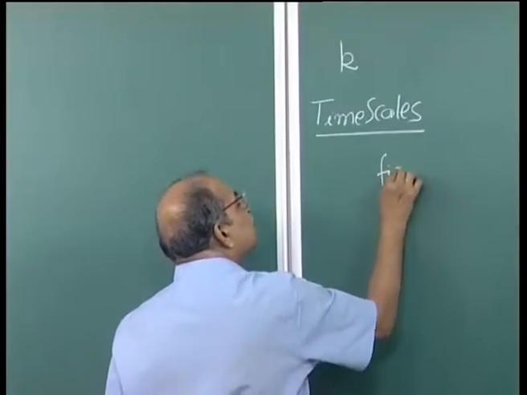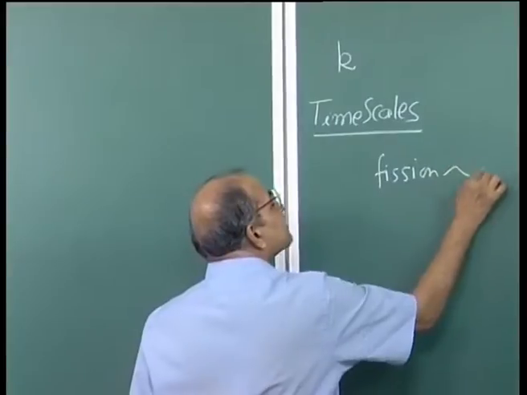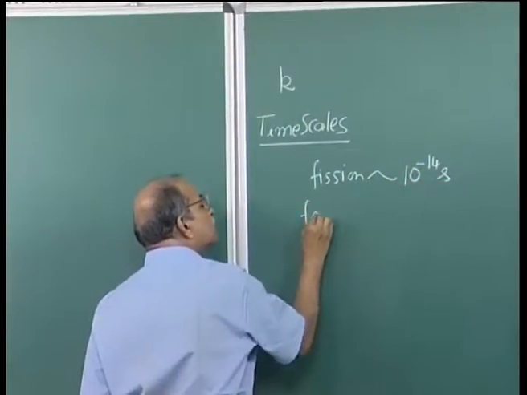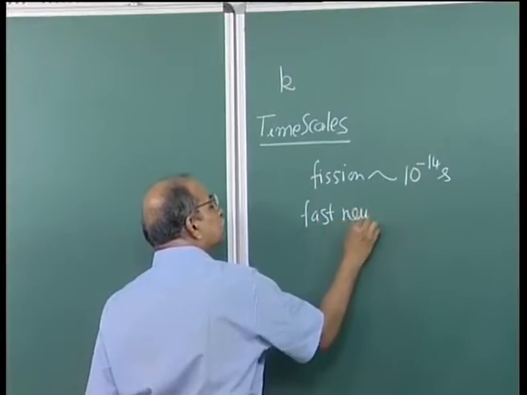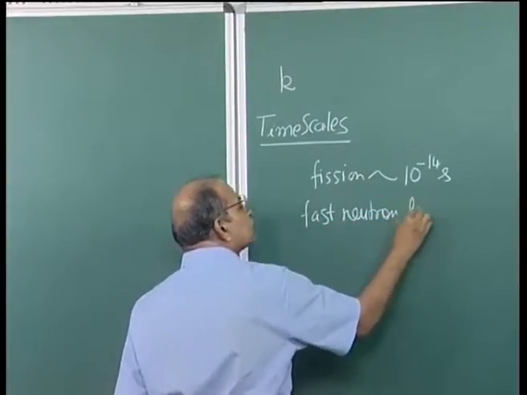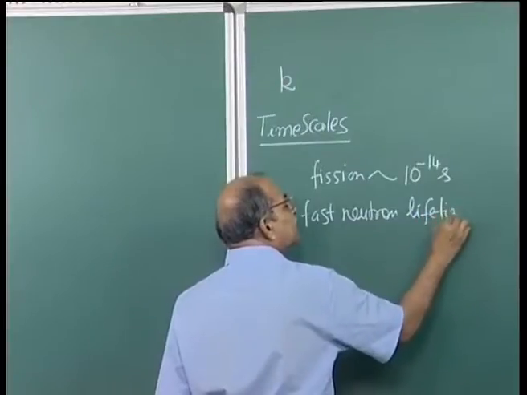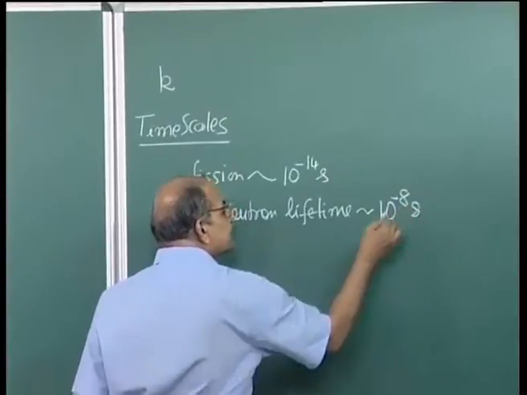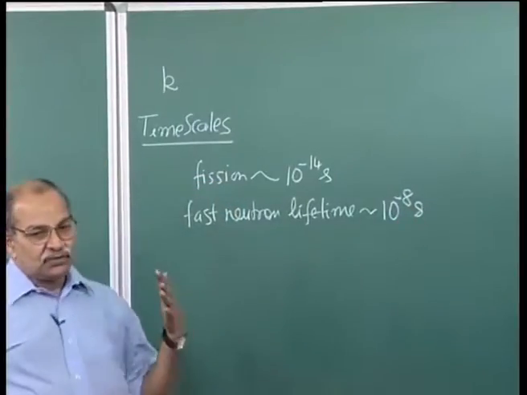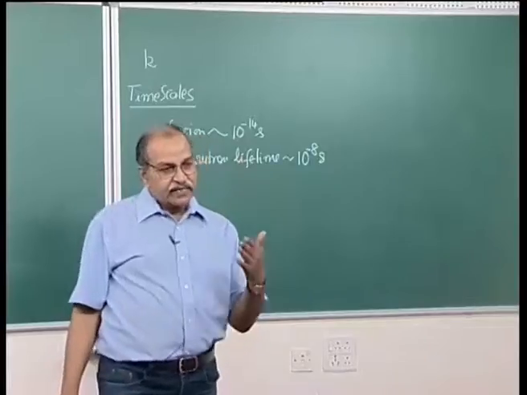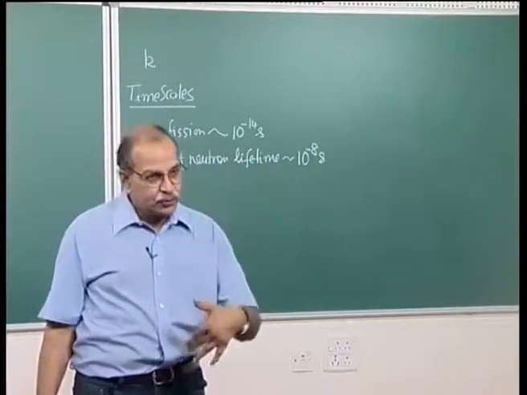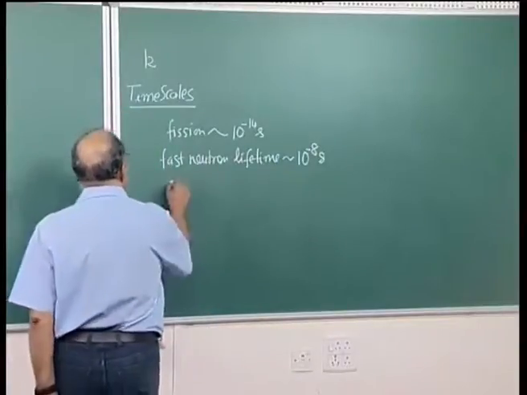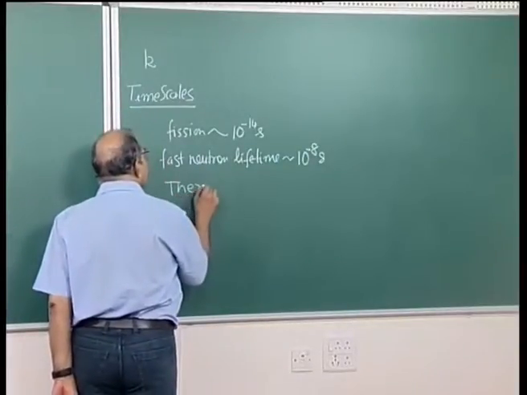So, fission itself may take a very small time, but the fast neutron lifetime in a typical case may be something like 10 to the power minus 8 second. Then they go to the moderator and their energy is reduced because of the collisions in the moderator, and that thermalization will take some time.